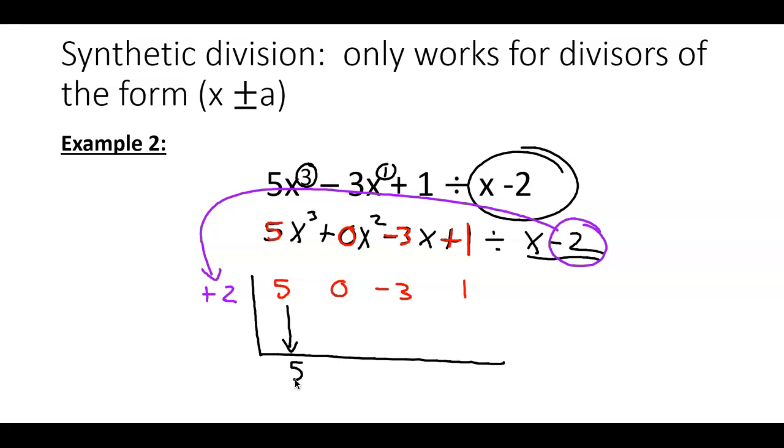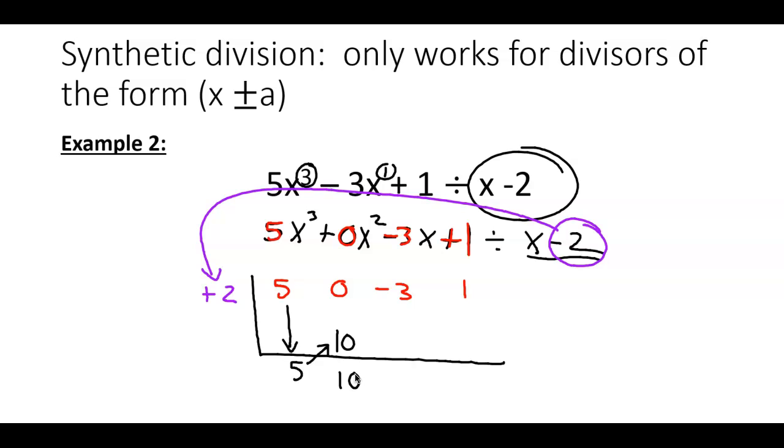So it's pretty quick. First thing we do is we multiply. 2 times 5 is 10. And I'm going to put my answer right there. All right, and now we add down again. 0 and 10 makes 10.